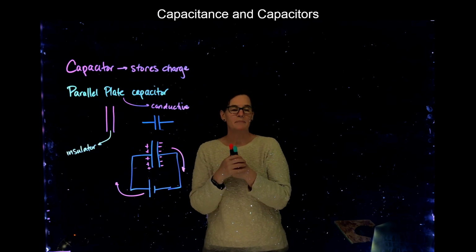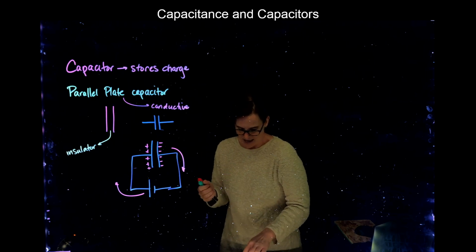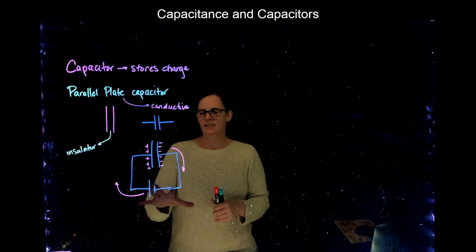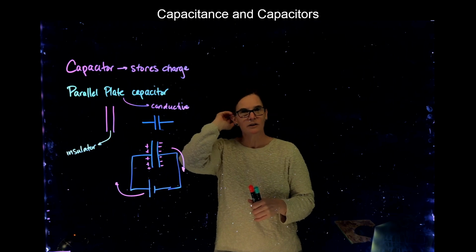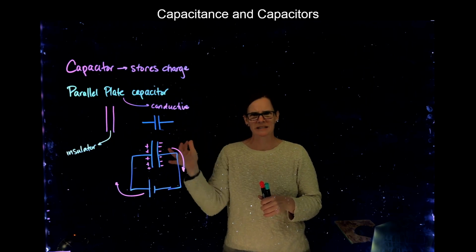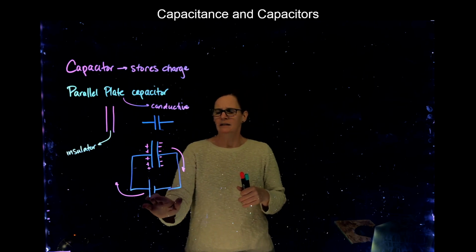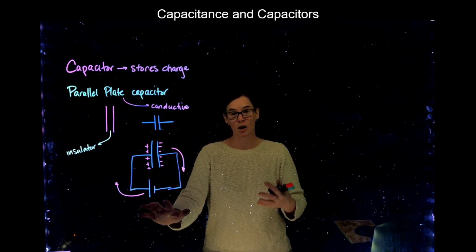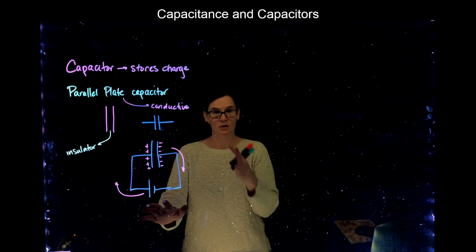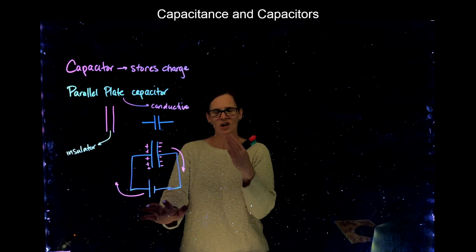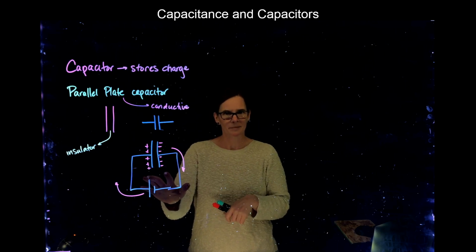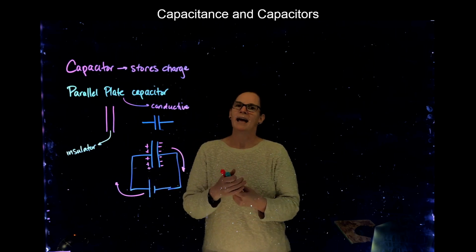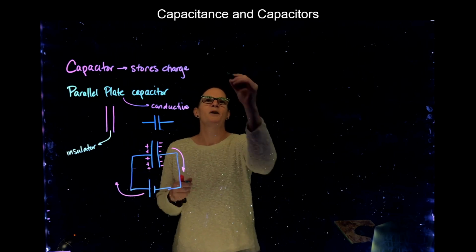Well, what might that be dependent on? You might imagine, based on your learning in terms of potential and potential difference, that if I make this potential difference larger, I get more charge to flow. If I get more charge to flow, then I probably am going to get more charge stored on the capacitor, and you would be thinking correctly.